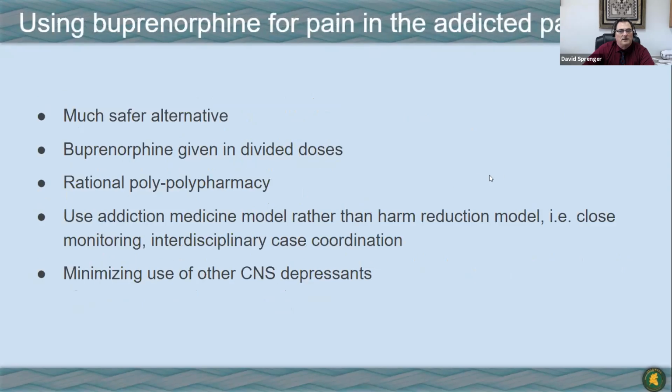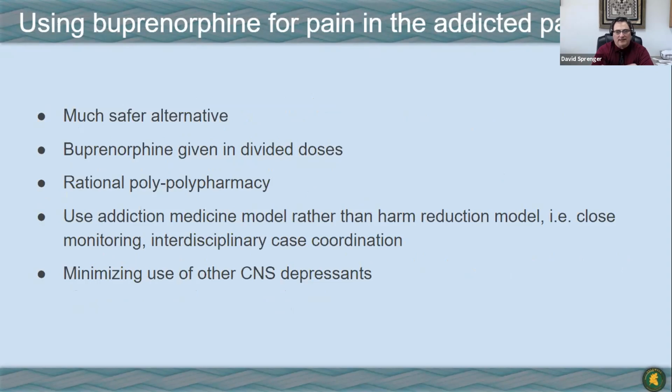All right. Using buprenorphine for pain in the addicted patient, much safer alternative. As I mentioned before, with folks that have pain, buprenorphine is generally given in divided doses. The analgesic effect tends to be greatest in the first few hours.